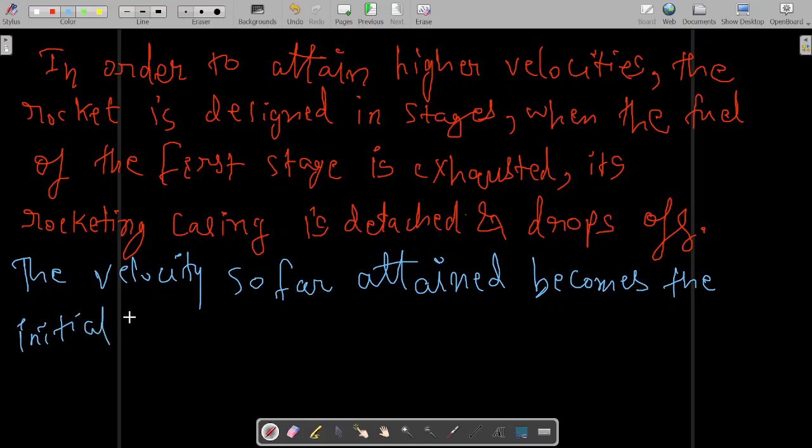So if the rocket converts from 4 stage to 3 stage, then the final velocity of the four stage rocket will be equal to the initial velocity of the 3 stage rocket.